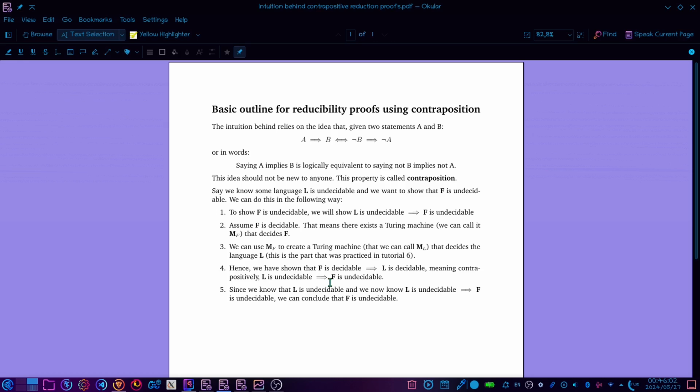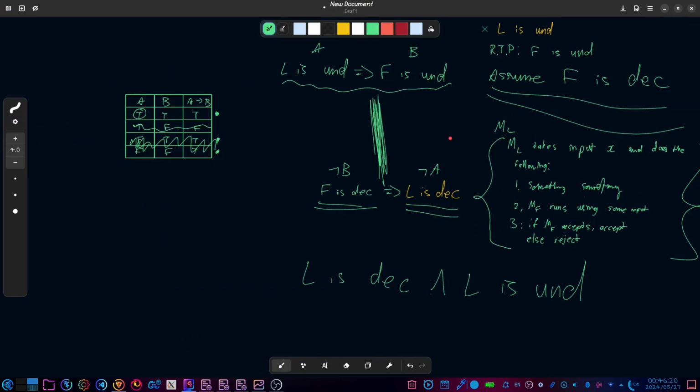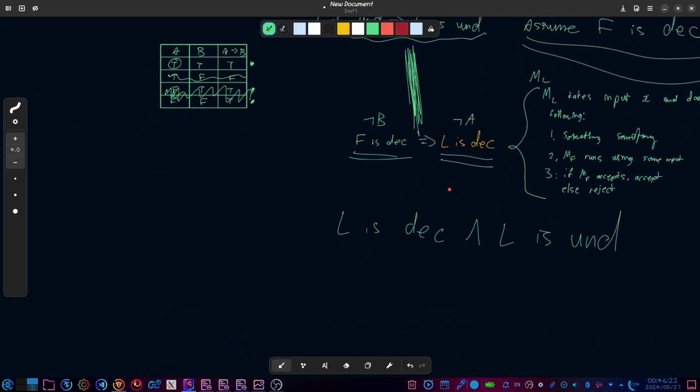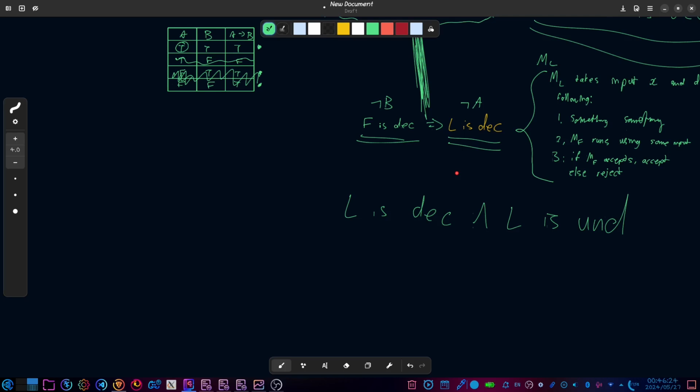Yeah, I prefer this method simply because I don't like explaining contradictions. If I can avoid explaining contradiction, I will, because I think explaining contradictions can get a bit messy. Using contraposition versus contradiction will get you to the same place. The meat of the proof is still the same, but it's like the sides that you're eating the meat with.